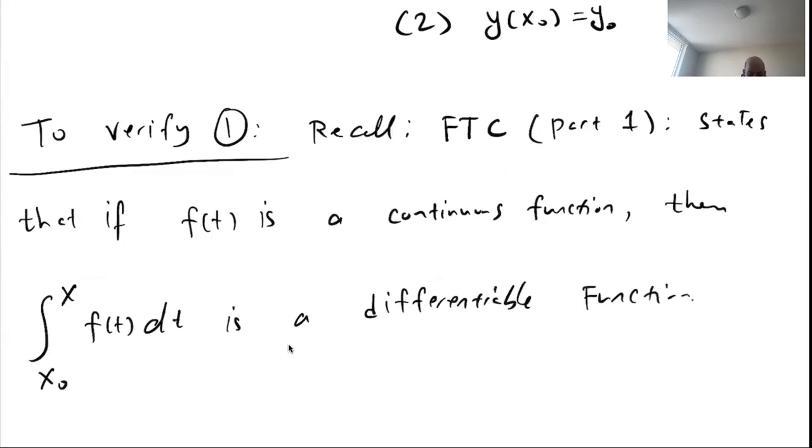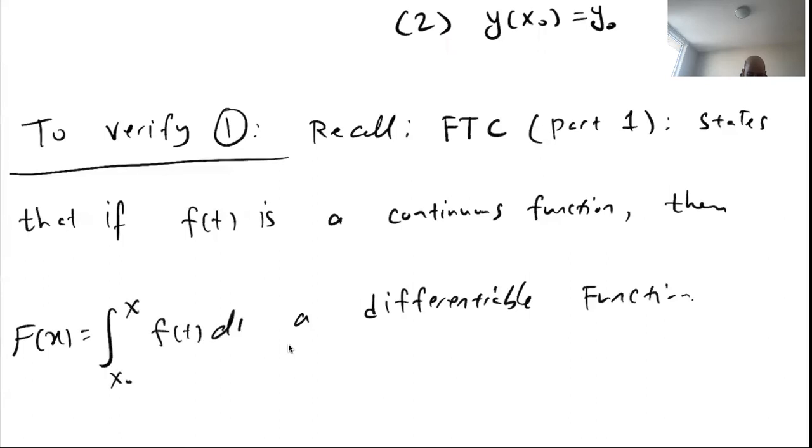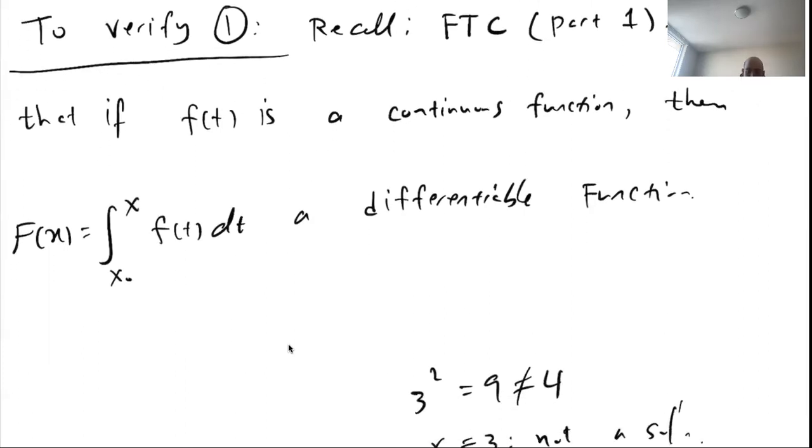Normally, this is denoted with capital F of x. In Math 114, let me call this one capital F of x, capital F of x equals the integral from x0 to x of f of t dt, is a differentiable function, and the derivative of this capital F is equal to small f.